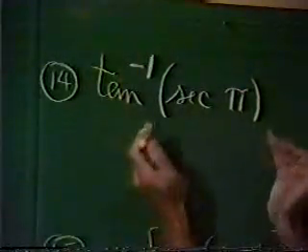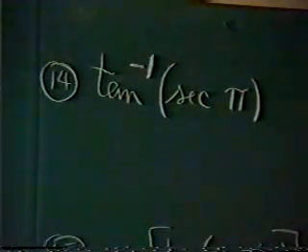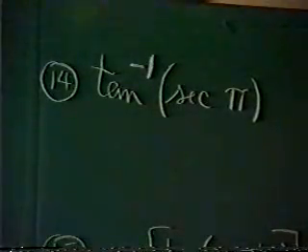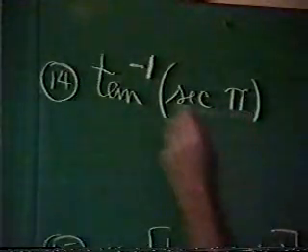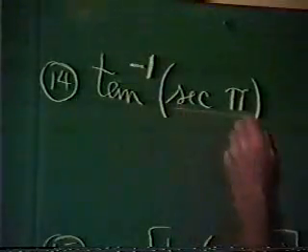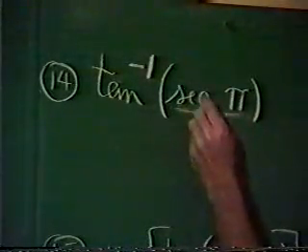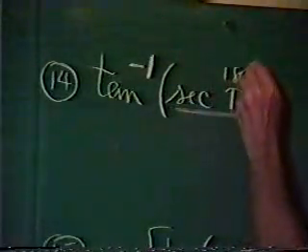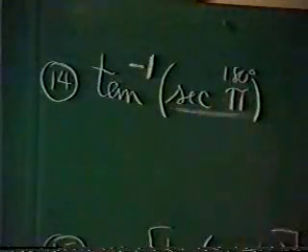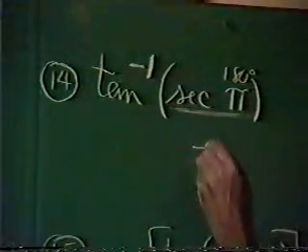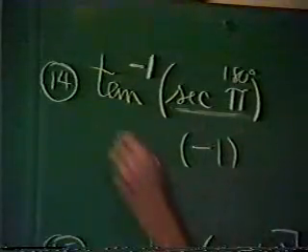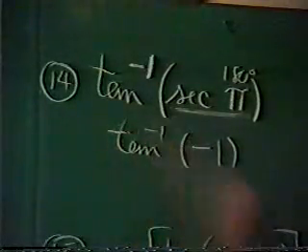This is an angle, so our answer's got to be an angle. All right, now, this must be a number, final deal. Now, let's do this, going back to old part of trig. The secant of 180 degrees. What is the secant of 180 degrees? Well, that's -1.